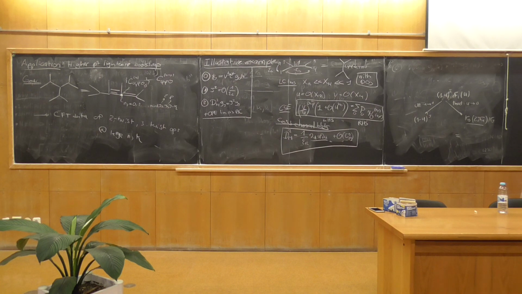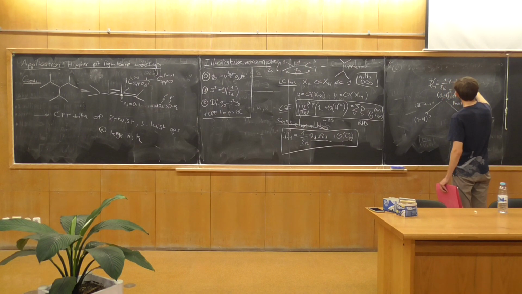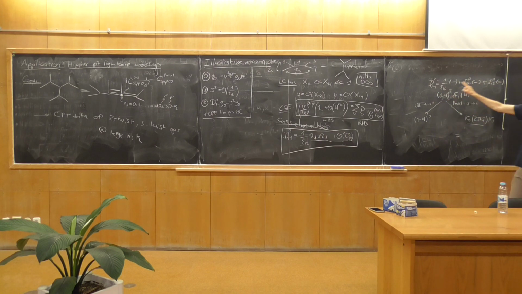Unfortunately, it takes a while to explain this for higher points, but you'll have to believe me that we can essentially take d1 squared, take the 1 over epsilon term, plus the epsilon 2 0 term, plus the epsilon 2 1 term. So at all orders in x1, 2, we just get a hypergeometric differential equation, which is solved by this, and then we connect the two limits to get the normalization. And for five points, it's quite straightforward to cook up a similar setup.